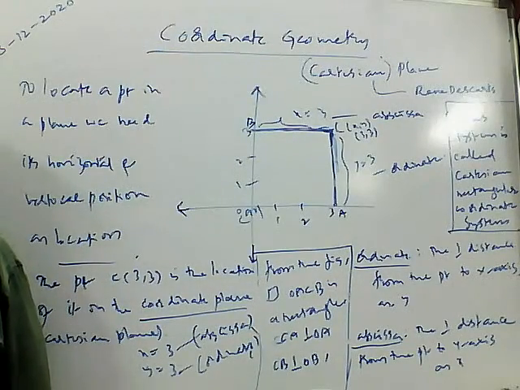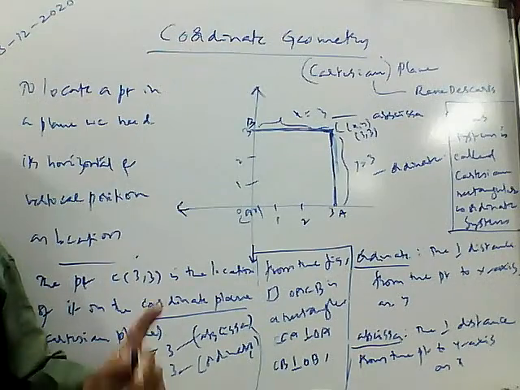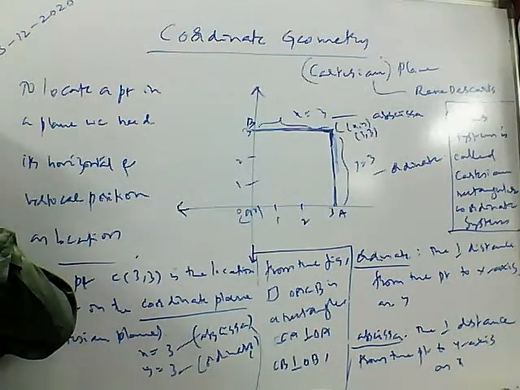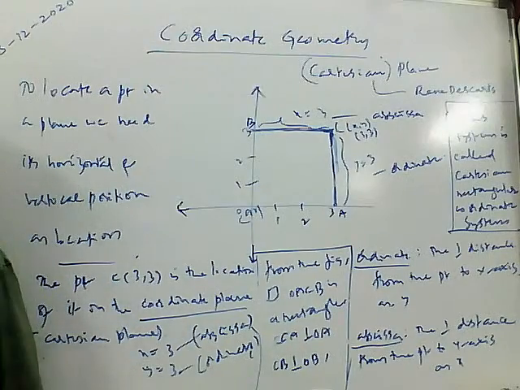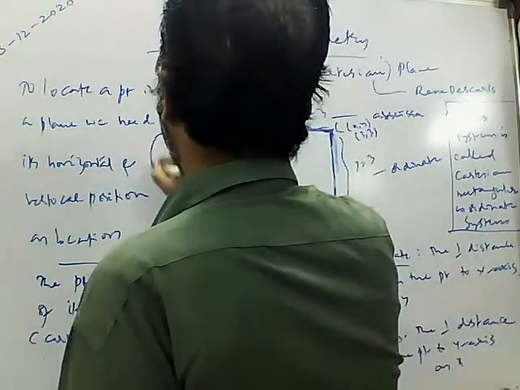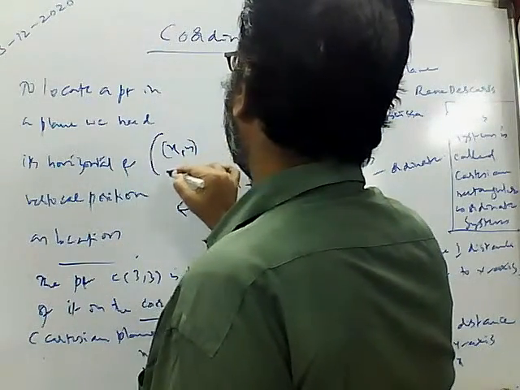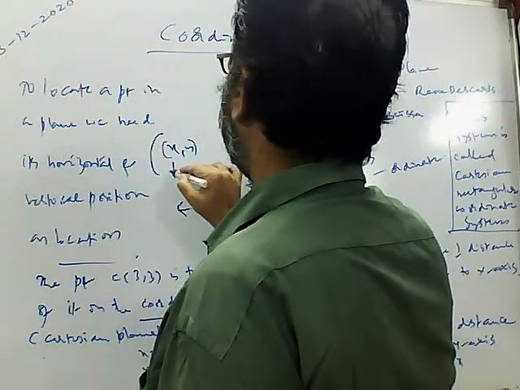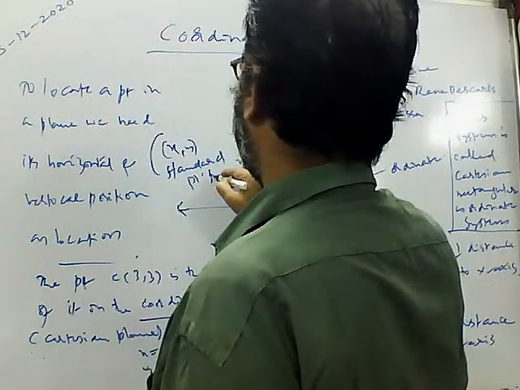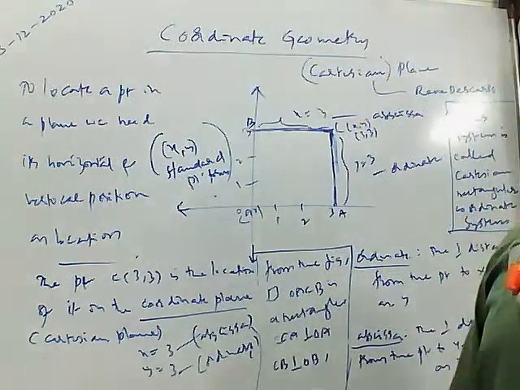So the perpendicular from the point to the x-axis is called the y or ordinate, and the perpendicular from the point to the y-axis is called the x or abscissa. Are you clear? So the combination of x and y is the standard point form. First abscissa, then you have to write ordinate always.